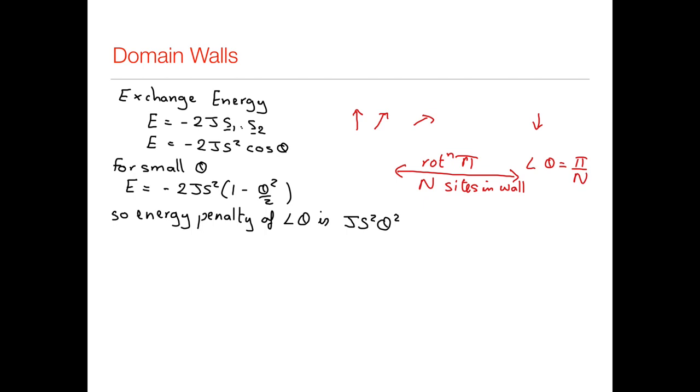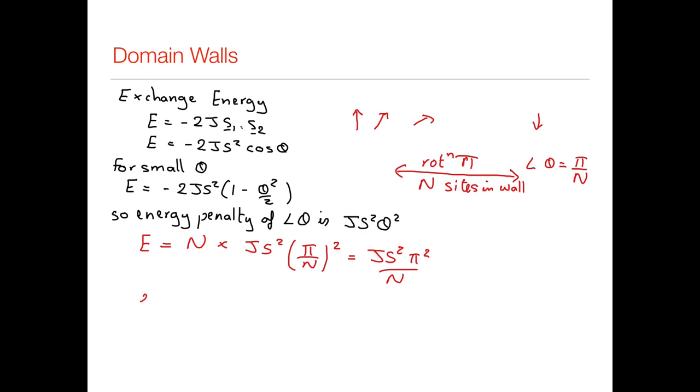So the energy of our wall will be equal to the number of sites times J S squared. Now remember what theta is. Theta is pi over n. We need that squared. So this is going to be equal to J S squared pi squared over n. Now we need the energy per unit area of the wall really to make a good comparison.